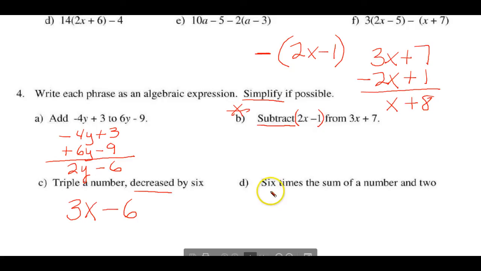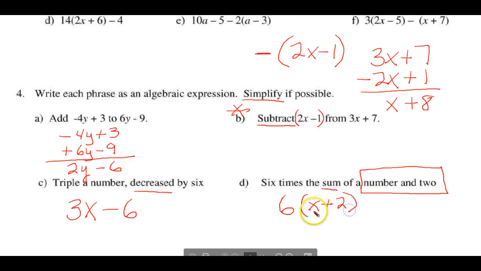Now letter D, another very important one. 6 times, we know that's going to be 6. Now the word sum of a number and 2. How do we indicate that we're going to have this as a sum? Well, the key here, when it says sum, we need to put these two together. So this is 6 times the sum of this. And they've asked us to simplify.